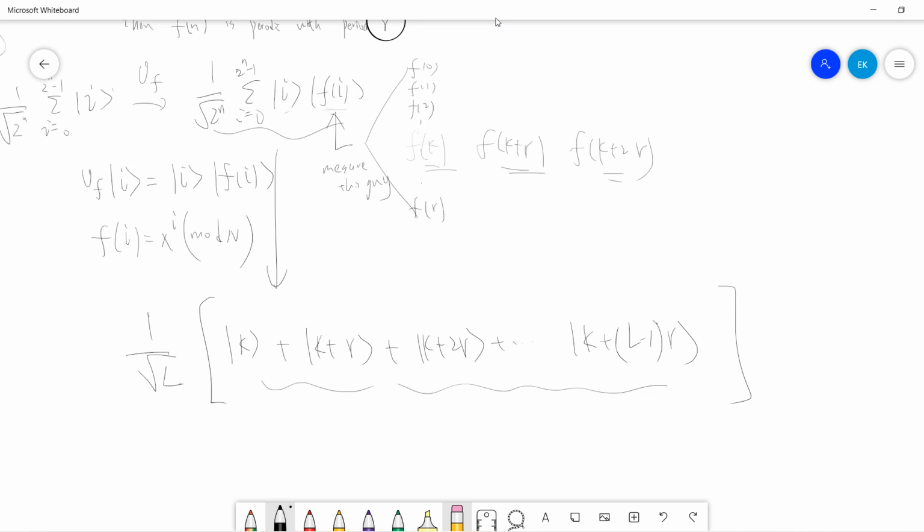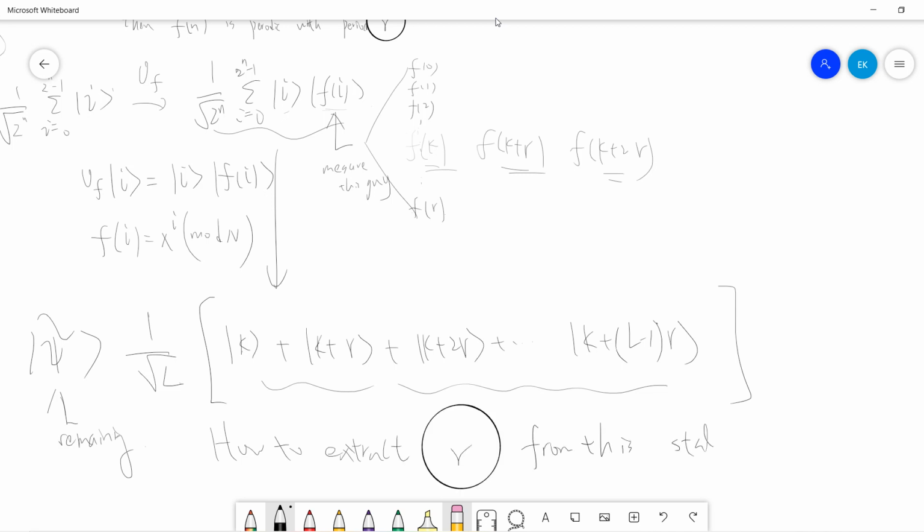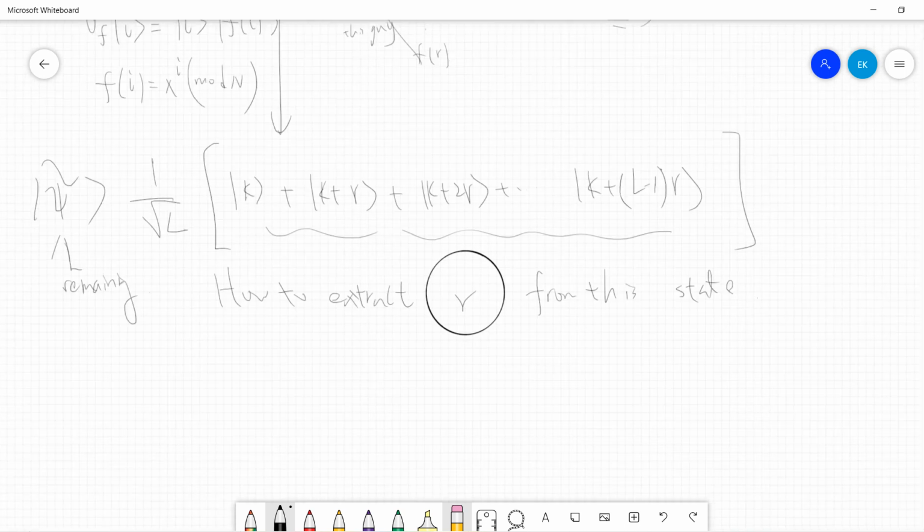Suppose there are L of them, with square root of L. So this is your remaining state. So the idea is how to extract r from this state. If one can extract this r, then we are done.